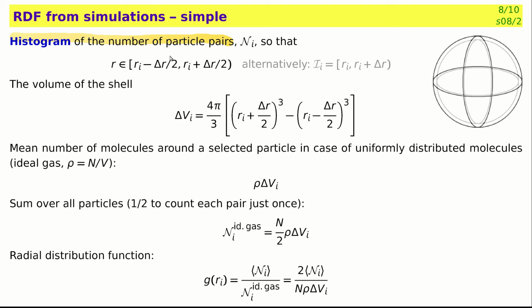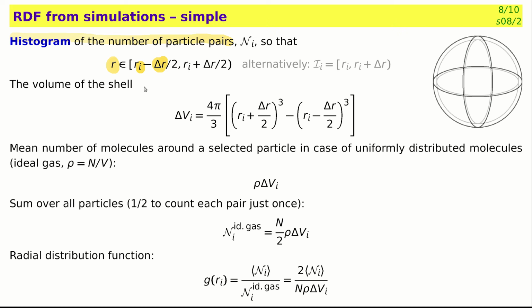So I am running a simulation. I am taking all pairs of particles. For each pair of particles I calculate the distance, let us say r, and I have the distance split into several bins of thickness delta r, with index i.